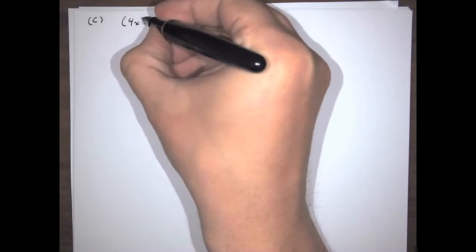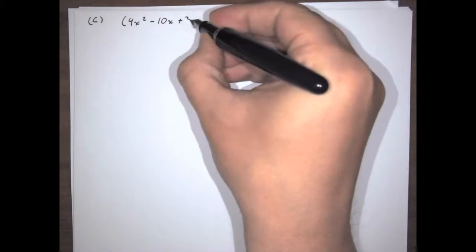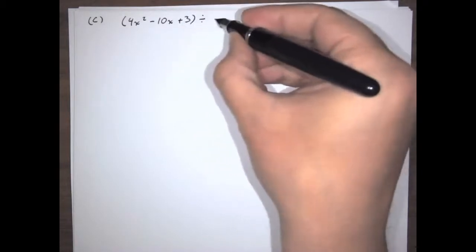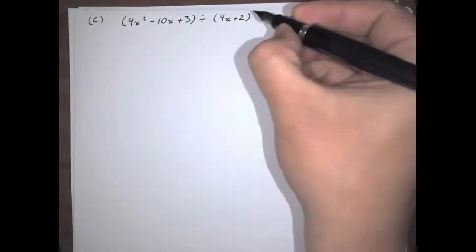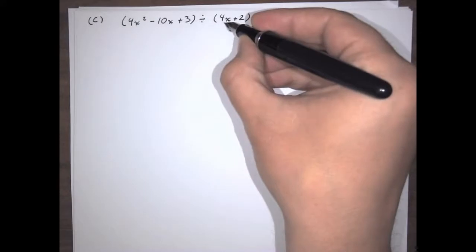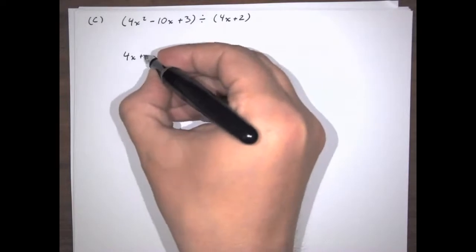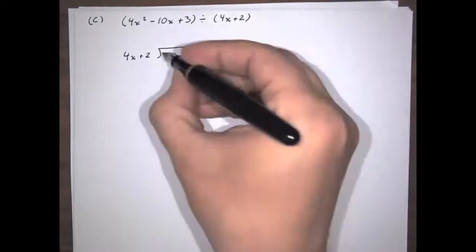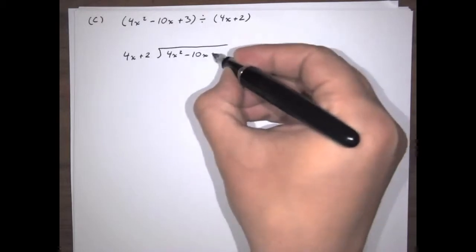So now let's try x squared minus 10x plus 3, all divided by the quantity 4x plus 2. So now our coefficient on the x is not just a 1. So we've got 4x plus 2 and 4x squared minus 10x plus 3.